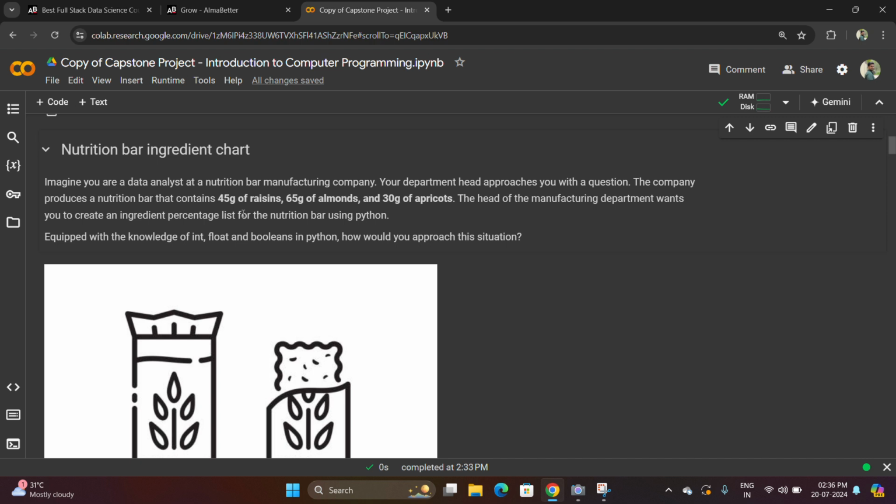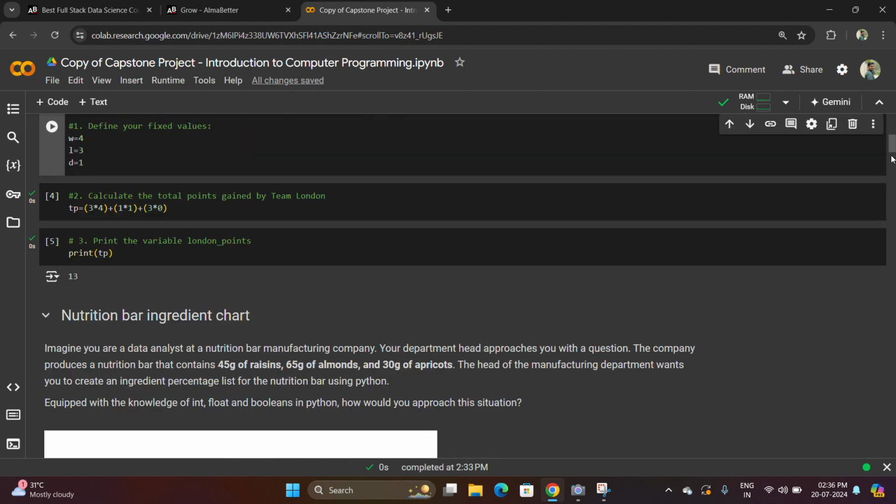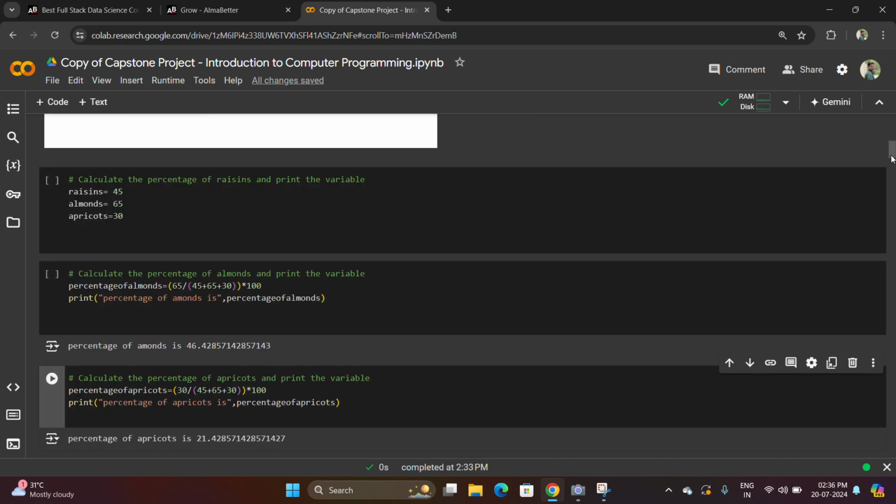To get the ingredient percentage of raisins, the grams of raisins will be 45, divided by the total grams, that is 45 plus 65 plus 30, into 100. Then we will get the percentage of raisins. This will be the formula, and the program goes like this: calculate the percentage of raisins and print the variable.